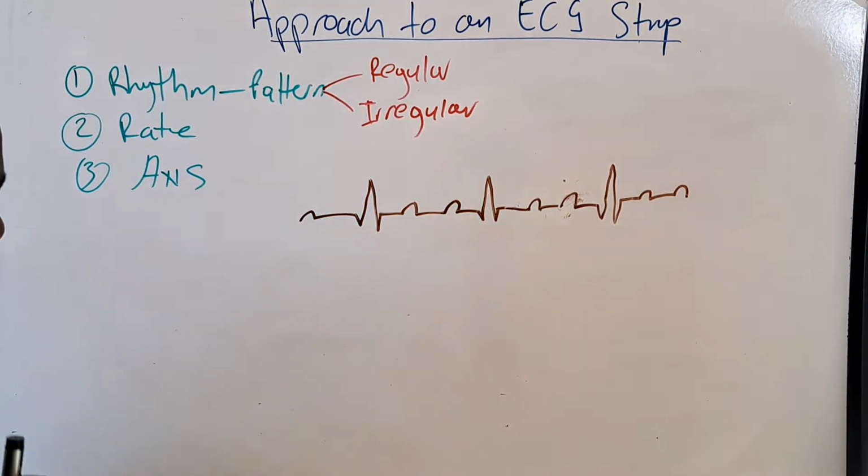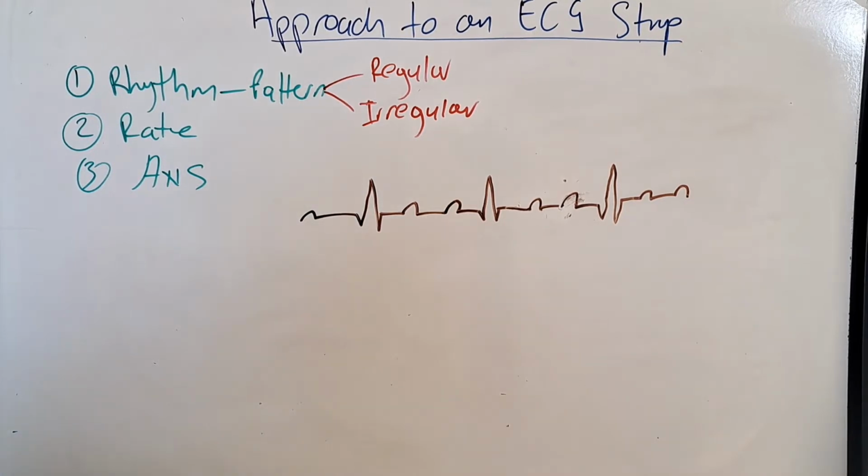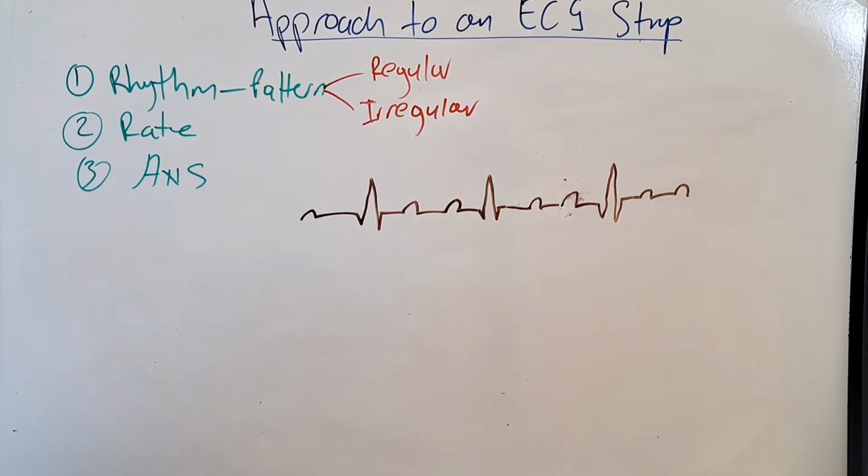Okay, so what you want to do is go to your rhythm strip. A rhythm strip is an elongated lead 2. It's still lead 2, but it's been recorded for 6 seconds.